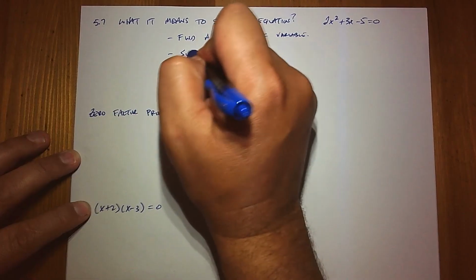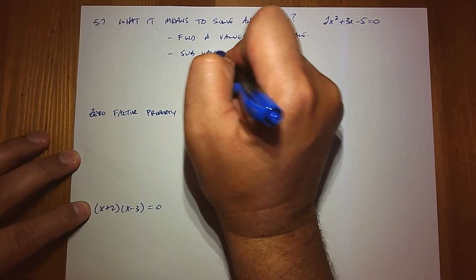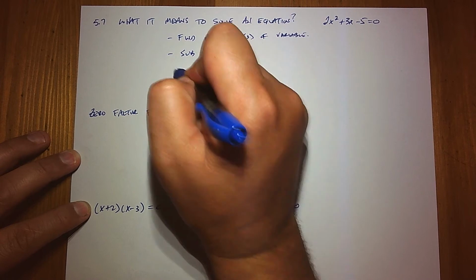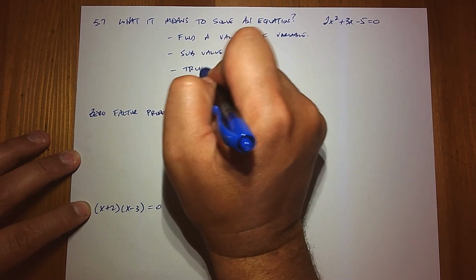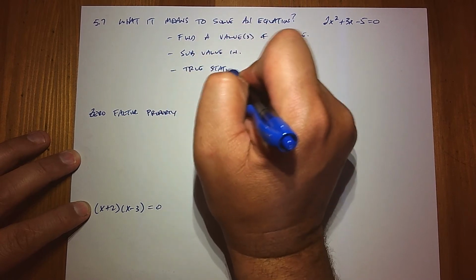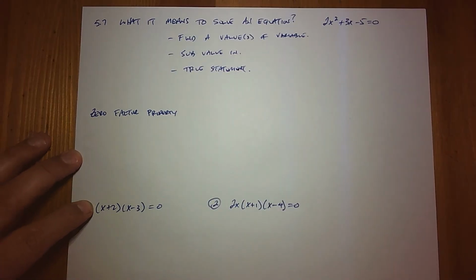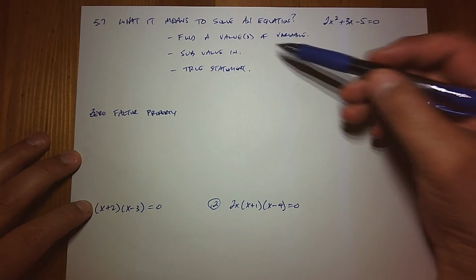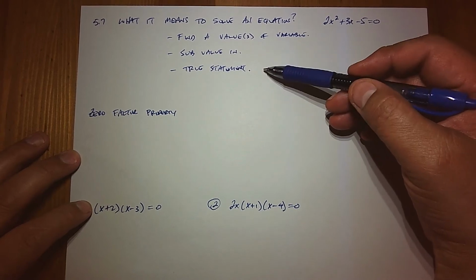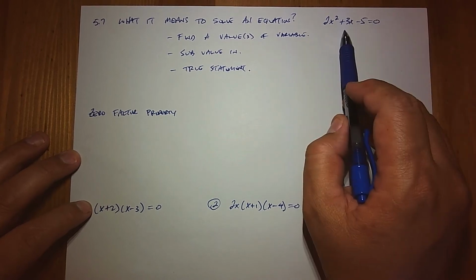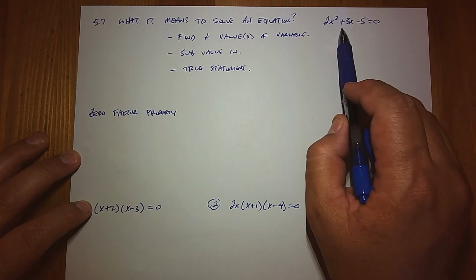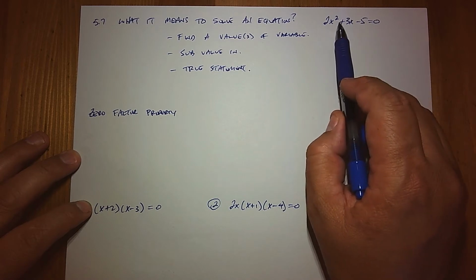We sub a value in, and what we get is a true statement. Okay, so the essence of solving: we have to find a value that when I plug it in gives me a true statement. So that's basically what we need to do with this equation. What values of x can I put in there and equal 0?